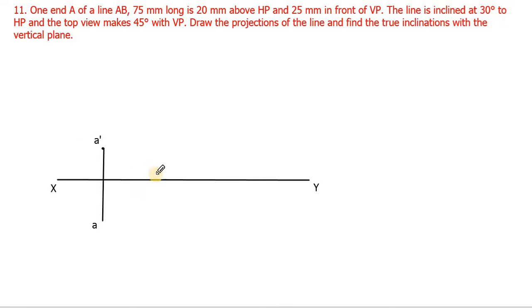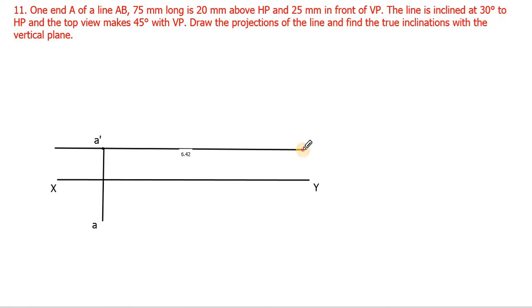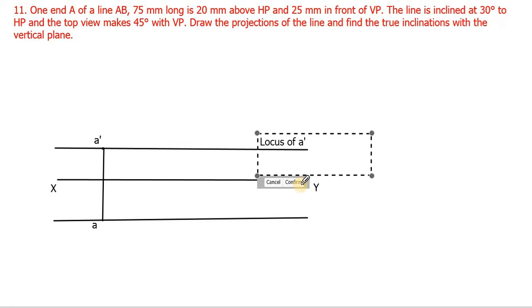Then we can draw a locus line crossing A dash and A. This will be the locus of A dash, and similarly this will be the locus of A. So we can name this line: this is locus of A dash and this is locus of A. Then we can mark the dimensions, how many mm above HP and how many mm in front of VP.